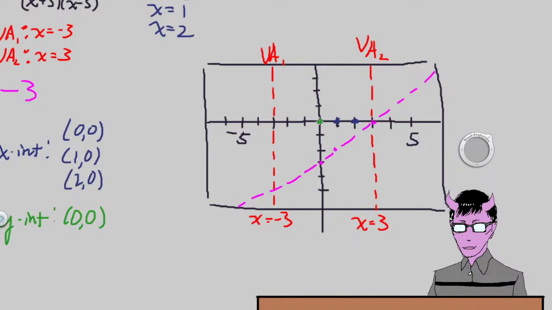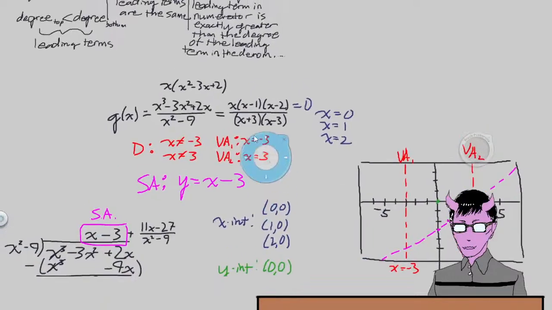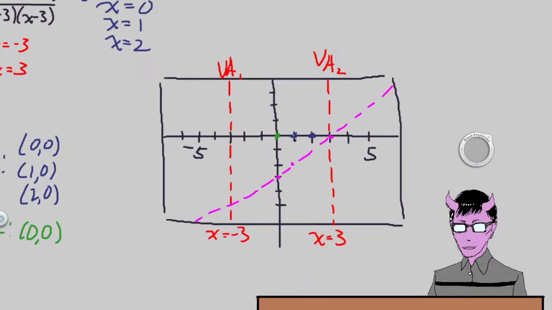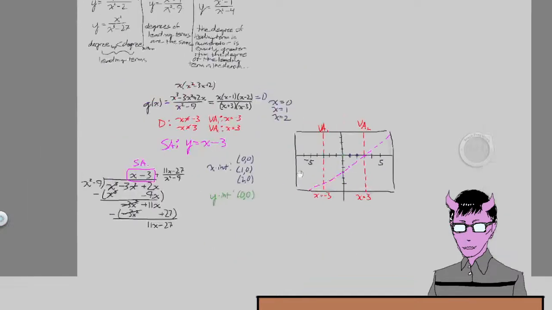Y-intercept at 0, 0. Well, that's really weird. What is it doing? Okay, well, that's interesting. Moving forwards, we now deal with color orange to figure out what the graph is going to look like.